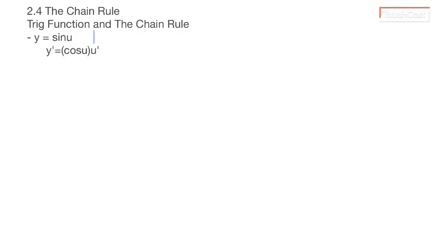If we have the function y equals cosine u, our derivative y prime is going to equal negative sine u times u prime.